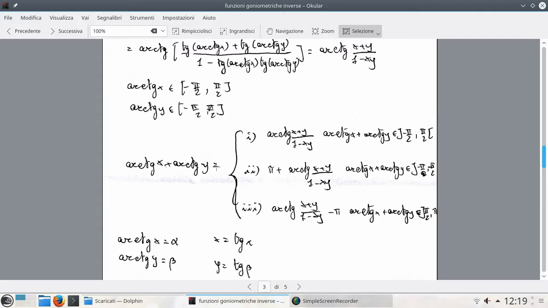is divided in three equalities, because we should take into account the place of the unit circle, the quarters more precisely, where arctangent of x plus arctangent of y is situated.